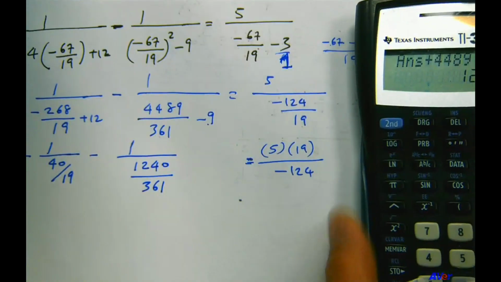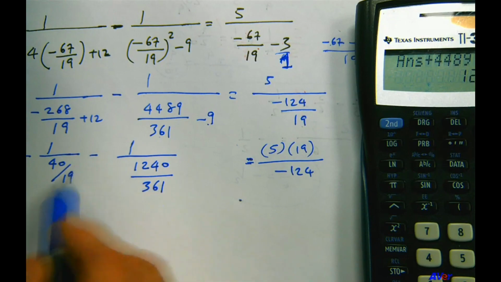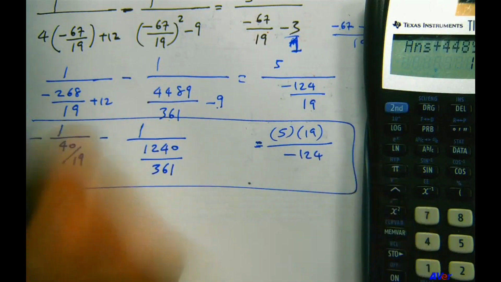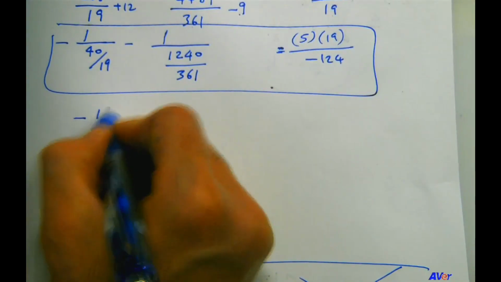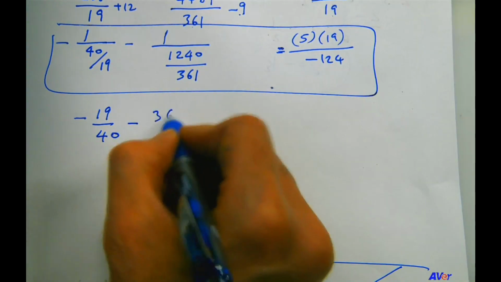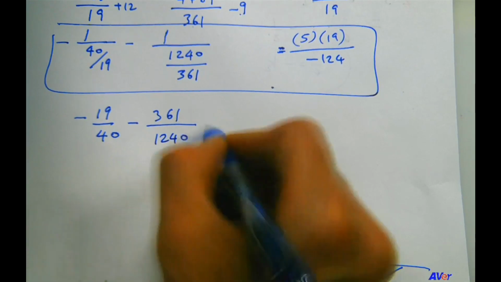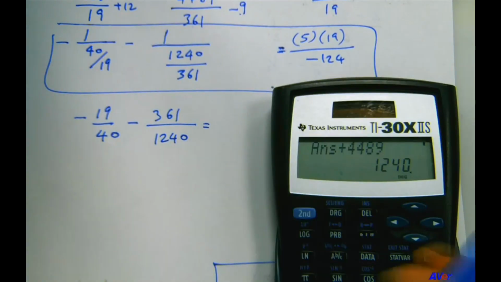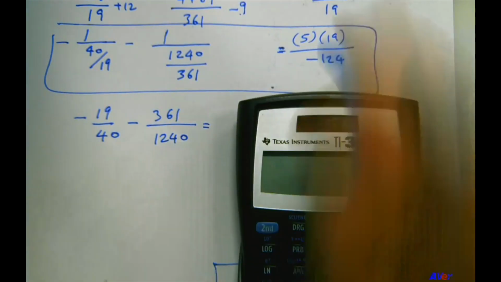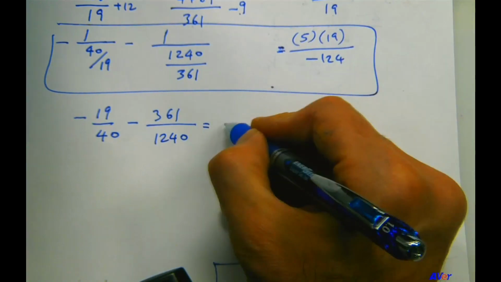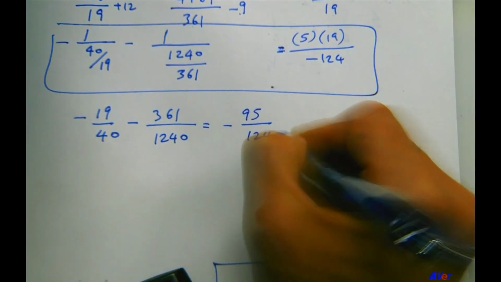So then let's figure this out, because we have complex fractions here. Let's simplify that. So this one will simplify to minus 19 over 40. This one will simplify to minus 361 over 1240, and that equals 5 times 19, which is 95, so minus 95 over 124.